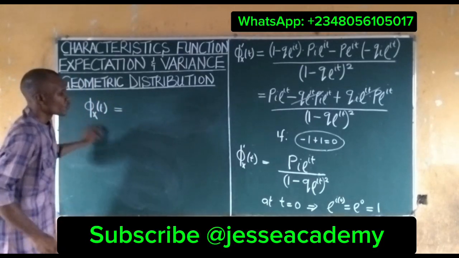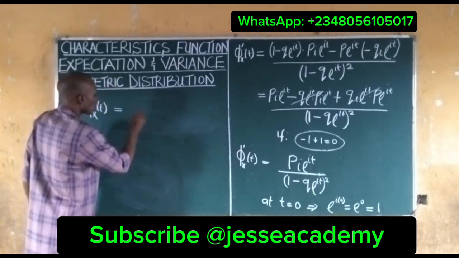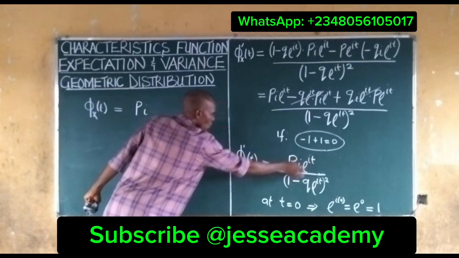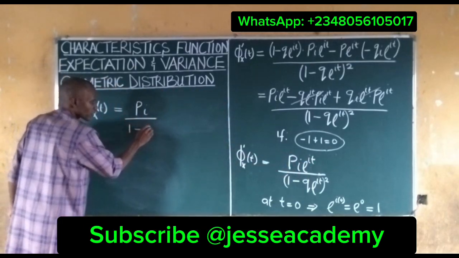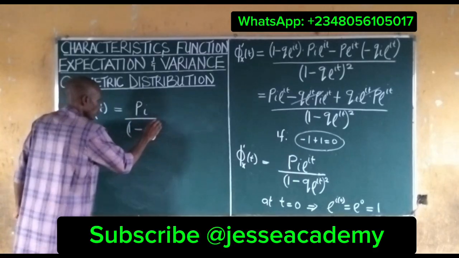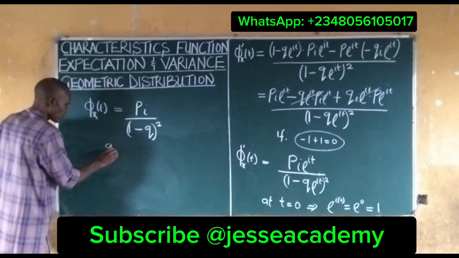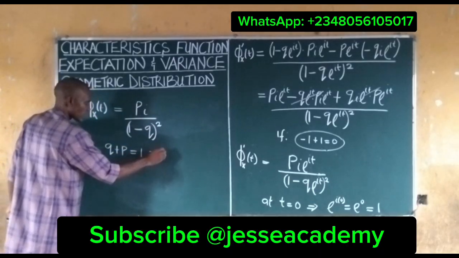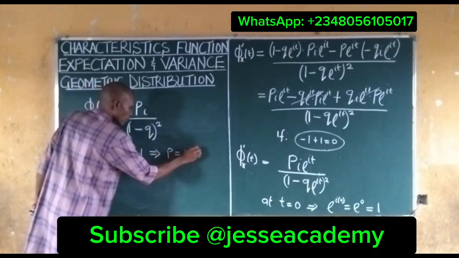So to get our characteristic function, at t is equal to 0, it means we have p i, because this becomes 1, all over 1 minus q squared. From probability, we know that q plus p is equal to 1, which implies that p is equal to 1 minus q.